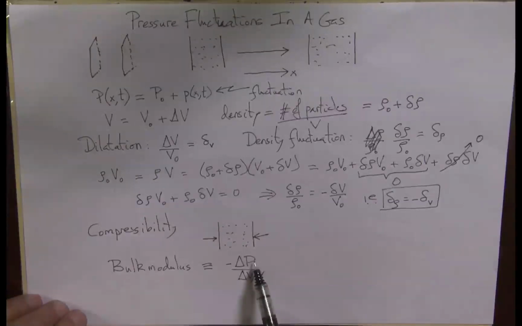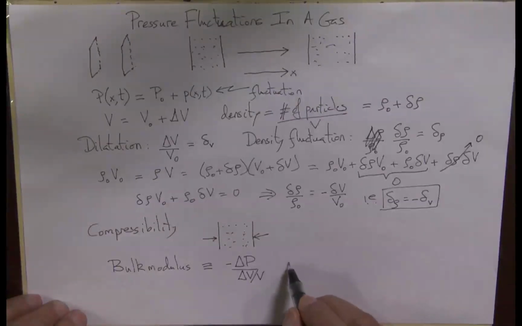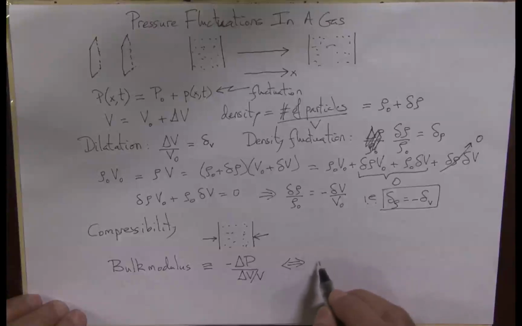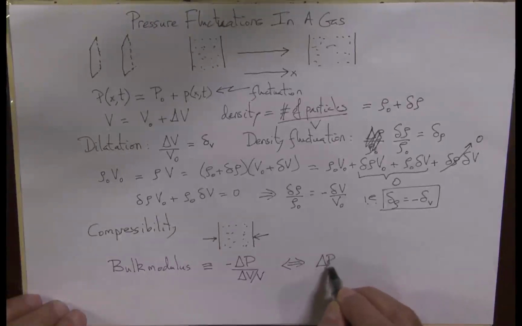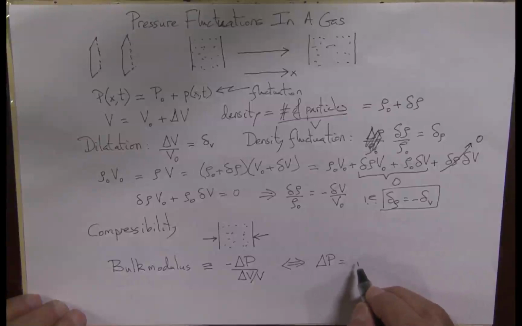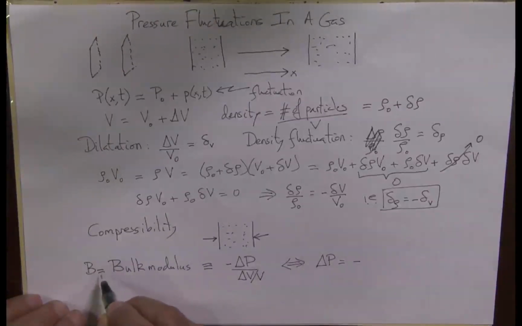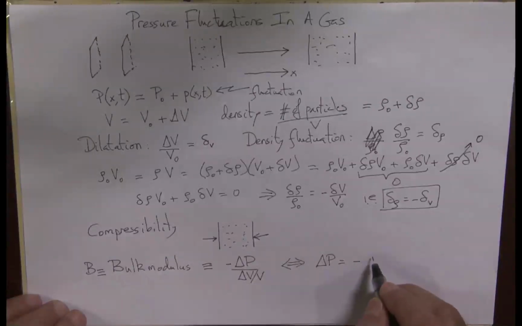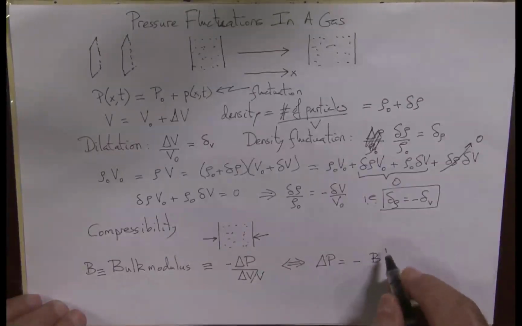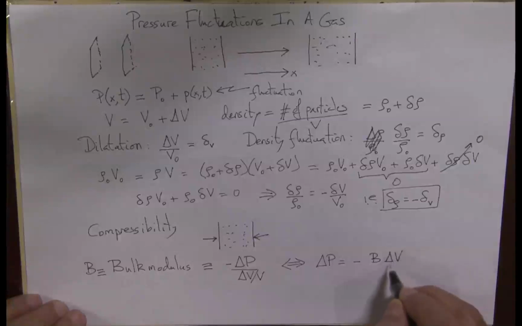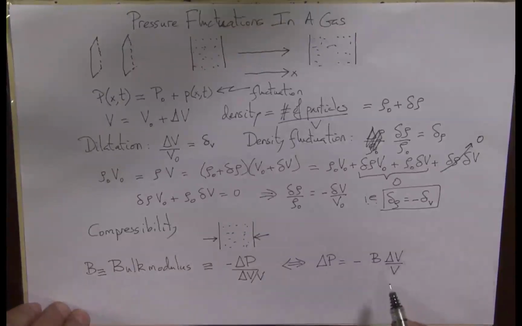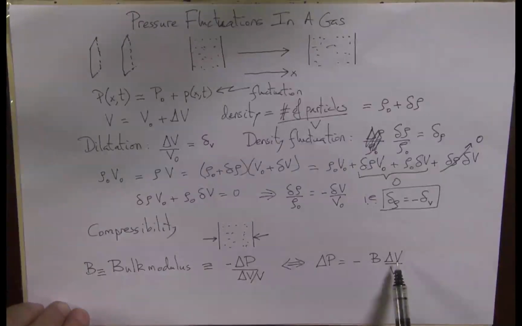The change in pressure that is needed, so if you write it this way, maybe it's more understandable. Delta P is equal to minus, let's give this a name, B as the bulk modulus. So delta P is equal to minus B into delta V over V. So that says that if you apply a pressure delta P, the volume will decrease.